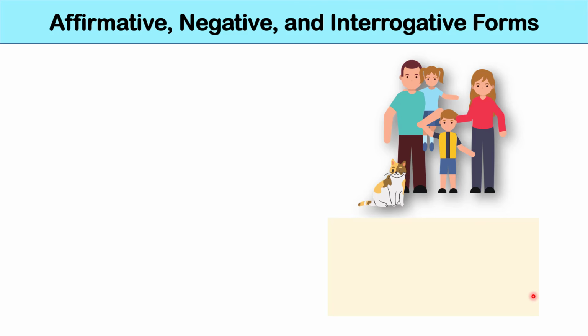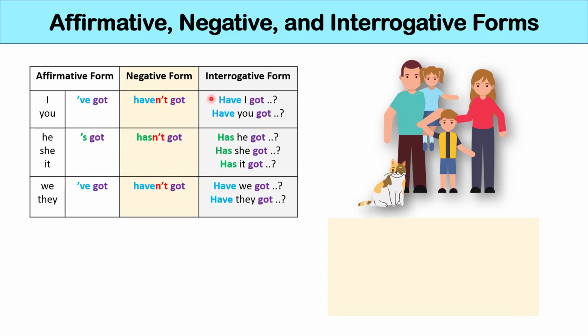So now let's talk about how to make the affirmative, negative, and interrogative forms. So the affirmative form, I've got, or you've got, but the negative form is I haven't got. You haven't got. He's got, she's got, it's got.